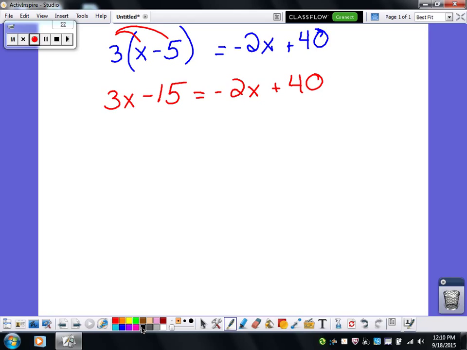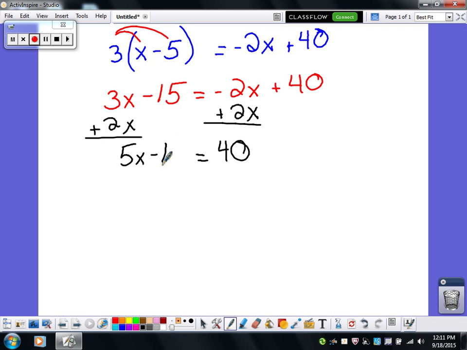So how do I bring negative 2x to the left-hand side? I add 2x, because I got to get it to cancel. So add 2x. Add 2x. Bring down the equal sign. That's 0, so I'm left with 40. And then over here I have 5x. And then next to that is minus 15. What's the next step? Add 15. I get rid of the thing that's not attached.